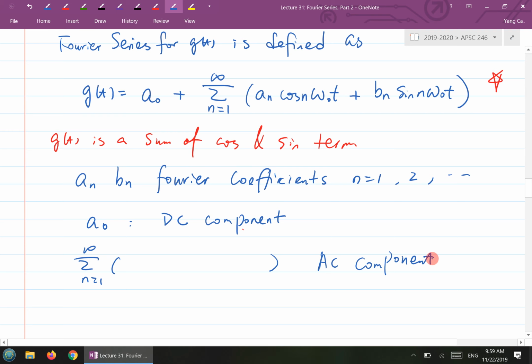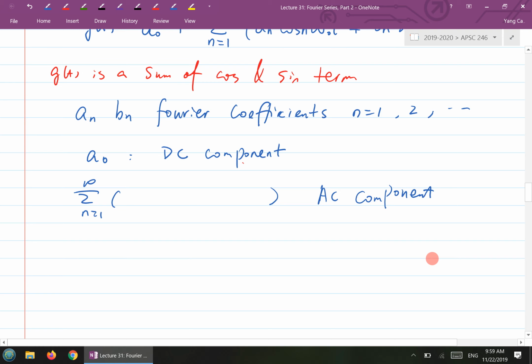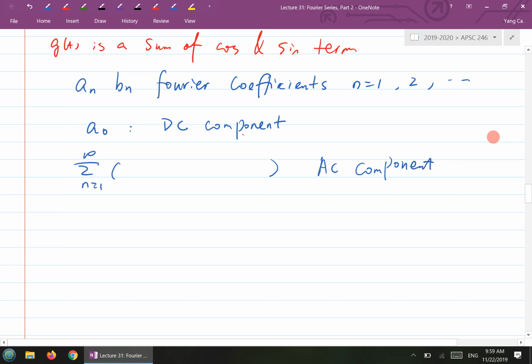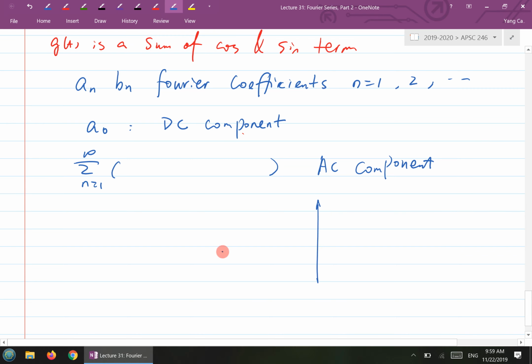You're learning AC/DC, have you learned it? You did, right? So for example, let's see a simple one.